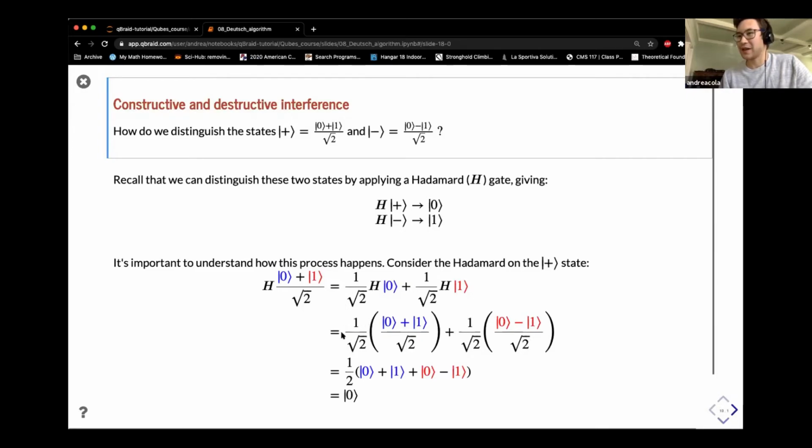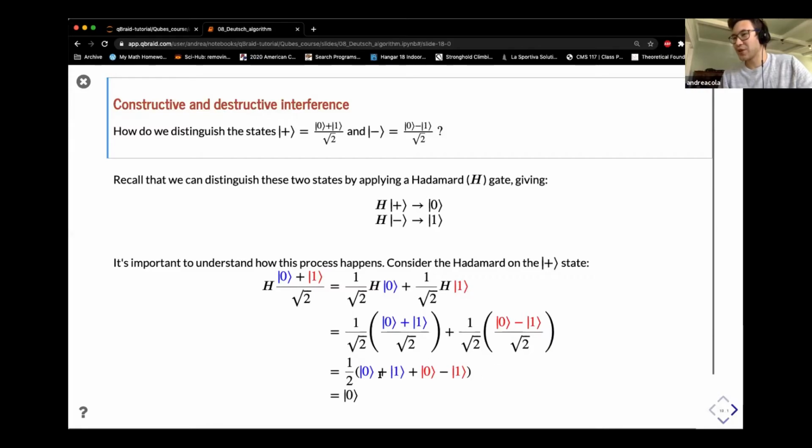Now, in the second line, you should agree this is what I obtain when I apply H to ket 0 or H to ket 1. And now when I bring everything back together, I have the blue terms coming from H applied to ket 0, and the red terms coming from H applied to ket 1.